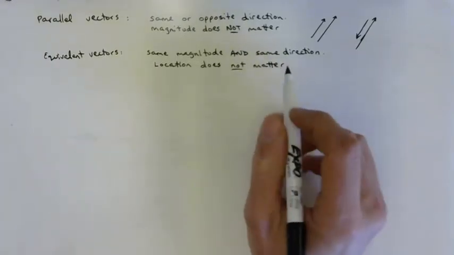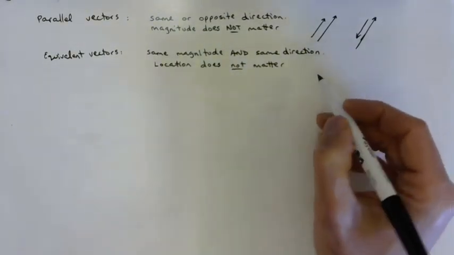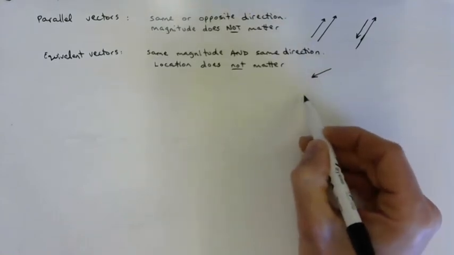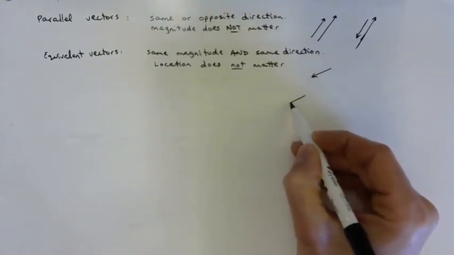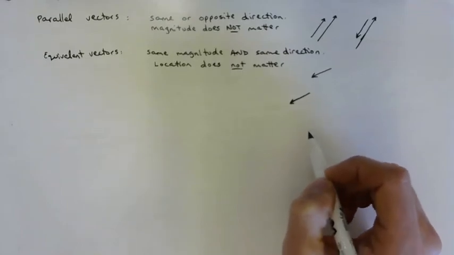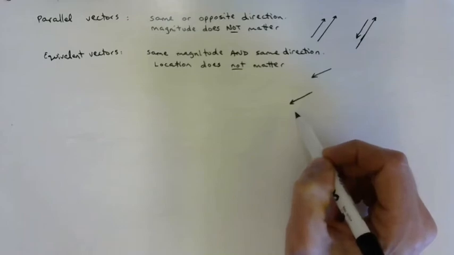If you're working in a diagram or on a plane and you have a vector that looks like this, and then somewhere else you also have a vector that has the exact same direction and the exact same magnitude, then these guys would be equivalent.